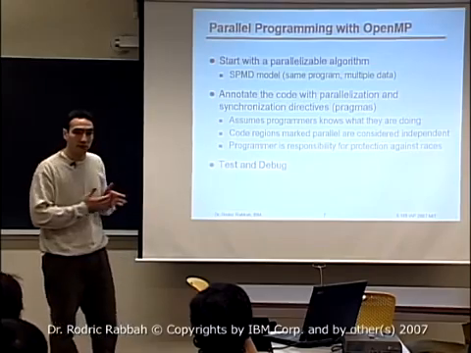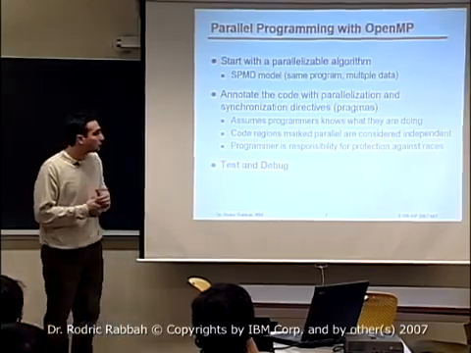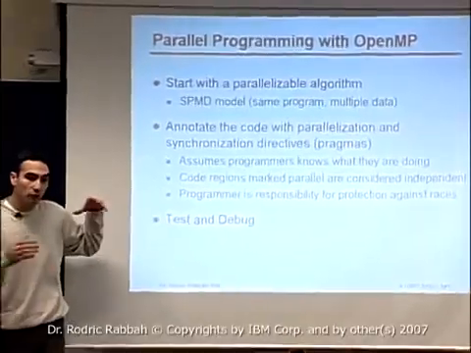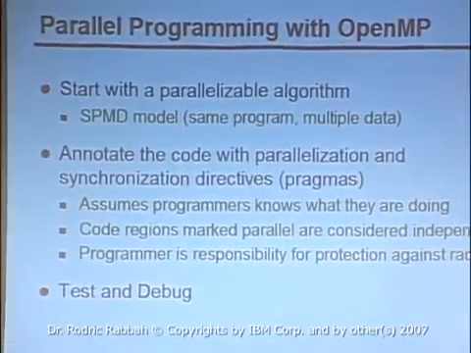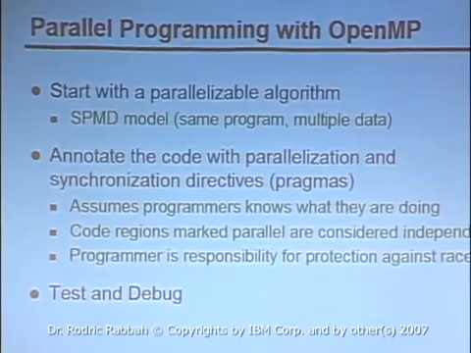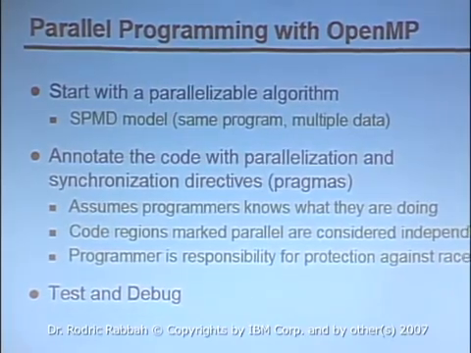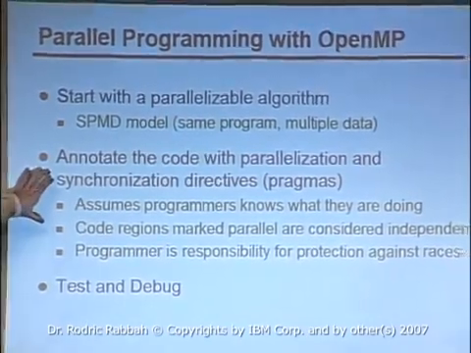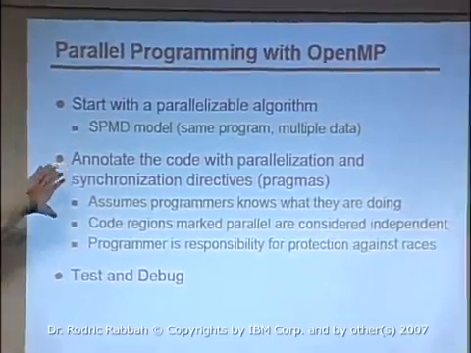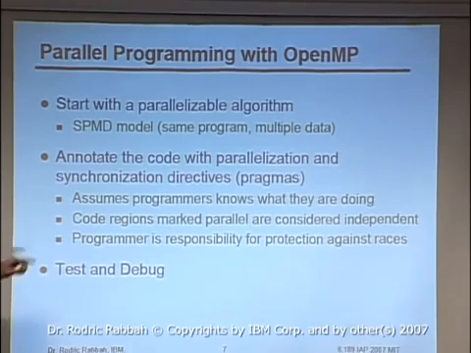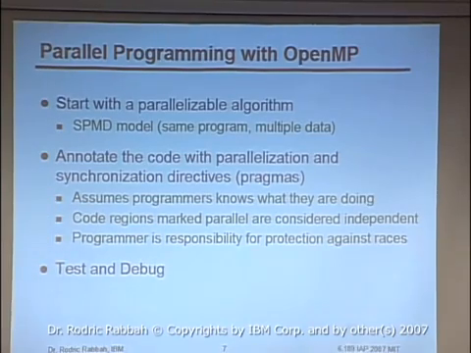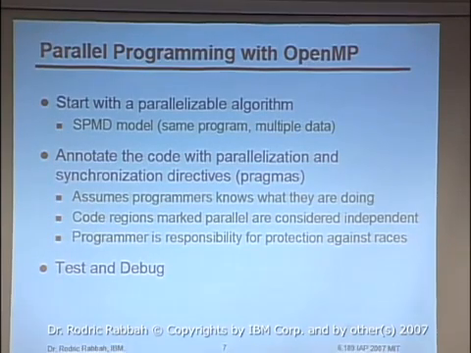This talk is largely focused on the SPMD model, where you essentially have one central decision maker, or you're trying to solve one central computation, and you're trying to parallelize that over your architecture to get the best performance. So you start off with your program, and then you annotate the code with what's parallel and what's not parallel. You might add in some synchronization directives so that if you do have sharing, you use the right locking mechanism to guarantee safety.